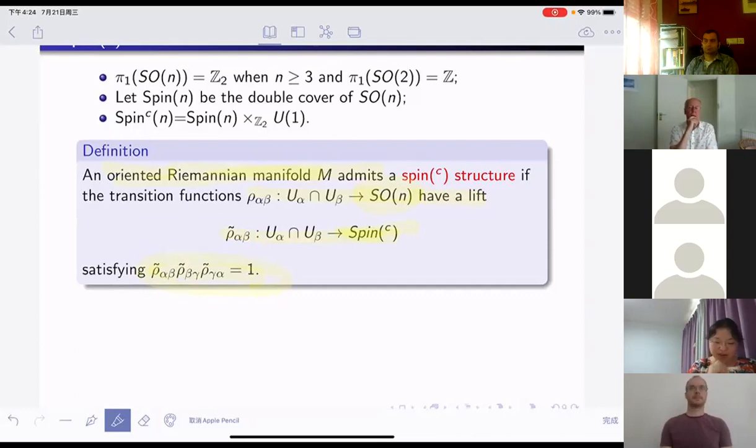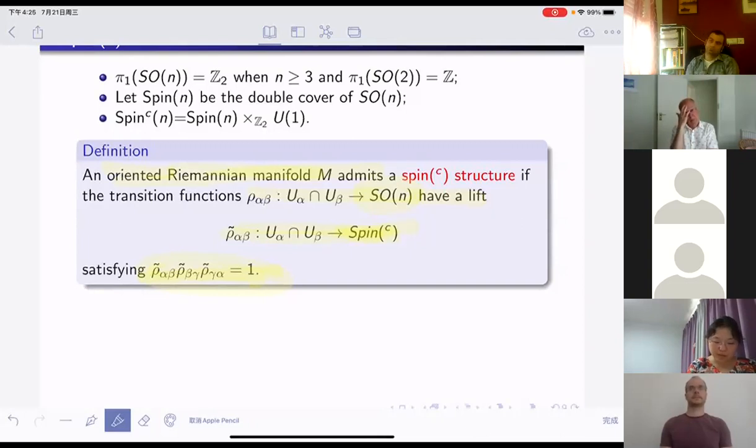So in general, if you don't have this cocycle condition, you can of course always have a lift, but without this condition, one cannot glue it again using this new structure group. This condition also means that there's an equivalent definition of the spin or spin^c structure.